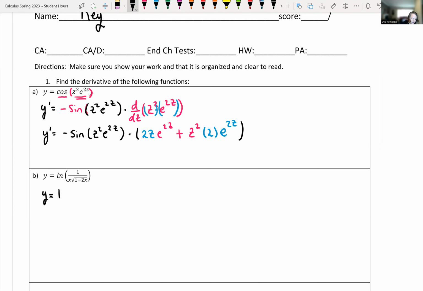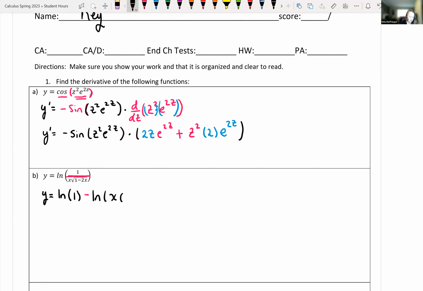the natural log. So recall if you had division of what you were taking the natural log of, we could look at the natural log of the numerator minus the natural log of the denominator. So natural log of x times, I'm going to rewrite the square root as a 1/2 power.